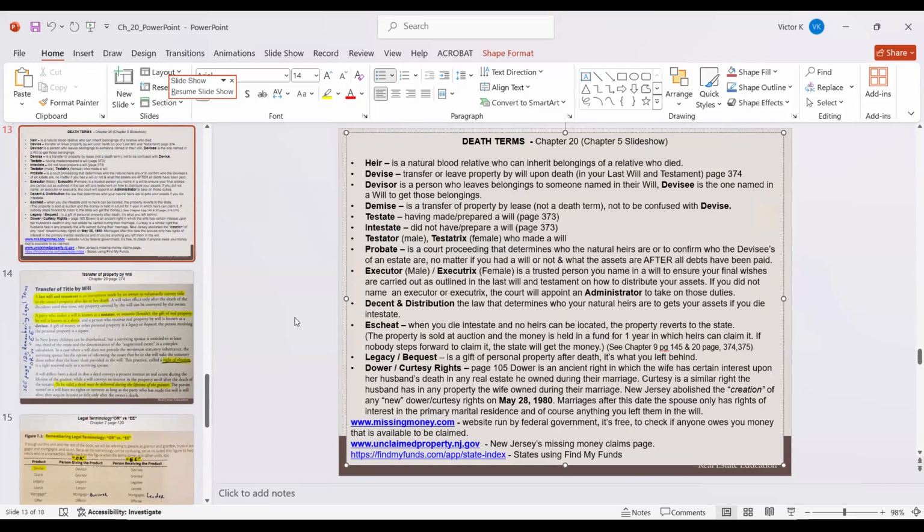That's probably the right way to have it in there. And then I could take these death terms and put them in chapter 5 where they belong. Let me copy that.